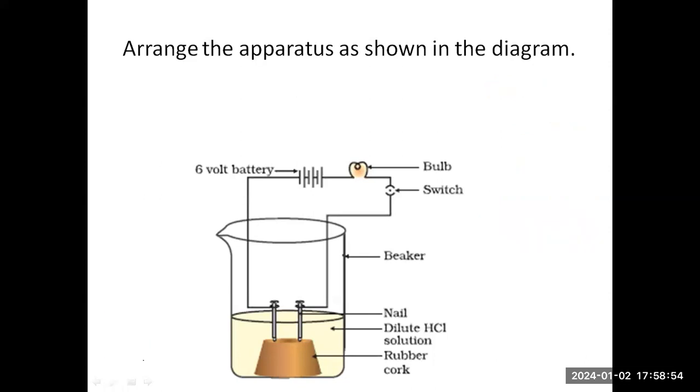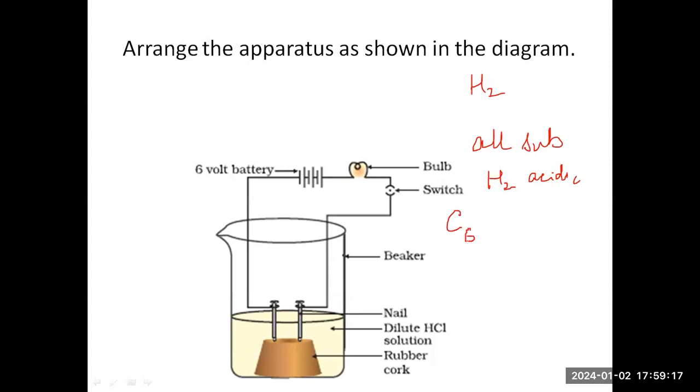Now, as I told you, all acids have hydrogen in them. The next question is, do all substances that contain hydrogen have acidic nature? Like, for example, we have glucose.